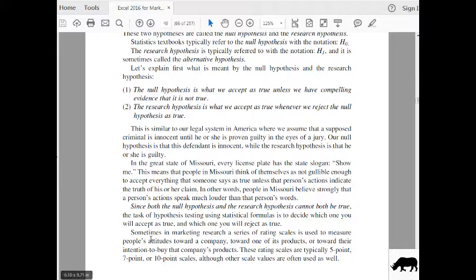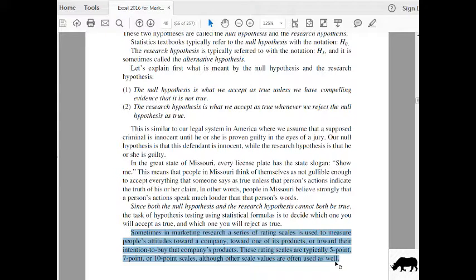In other words, people in Missouri believe strongly that a person's actions speak much louder than that person's words. Since the null hypothesis and the research hypothesis cannot both be true, the task of hypothesis testing using statistical formulas is to decide which one you will accept as true, and which one you will reject as true.